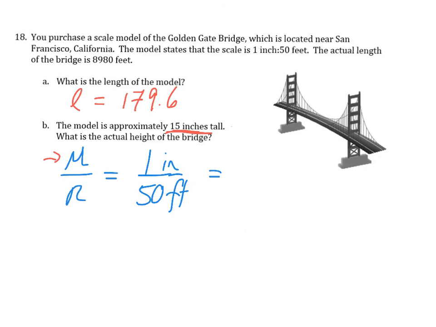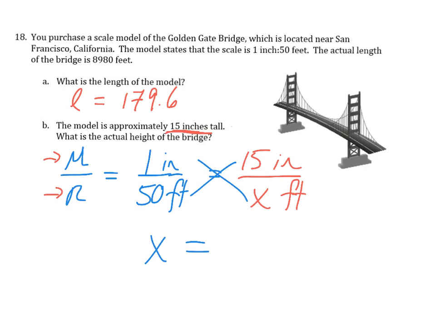So the model, for every 1 inch, in this case 15 inches for the height, I'm trying to figure out what is it in real life. So this is where my x is going for feet. As soon as I have my proportion set up, now I just cross multiply and solve. So x is just going to equal 750, which gives me feet as well for the units.